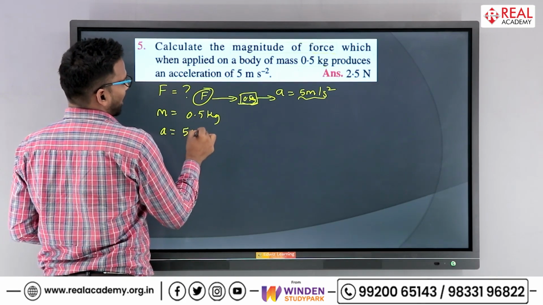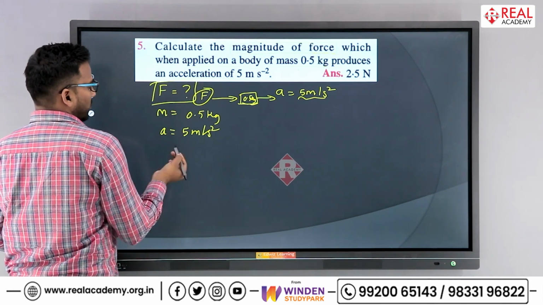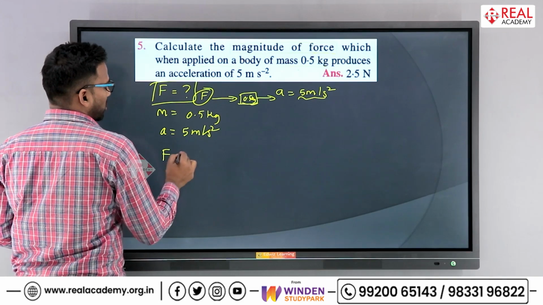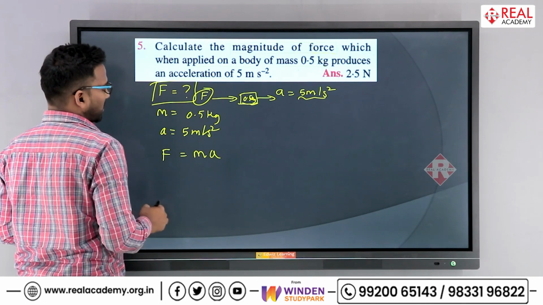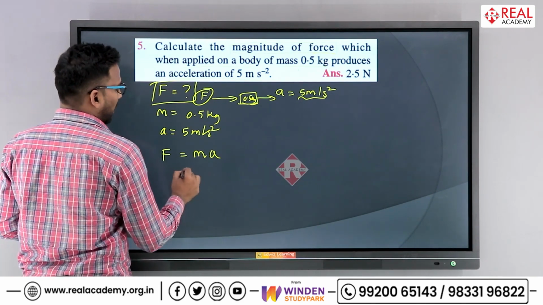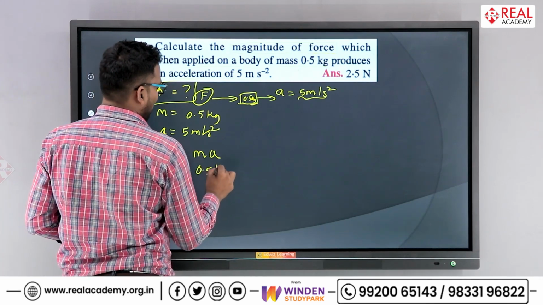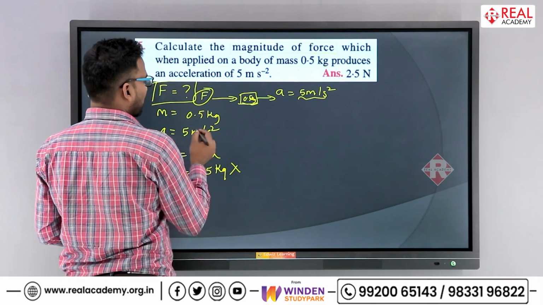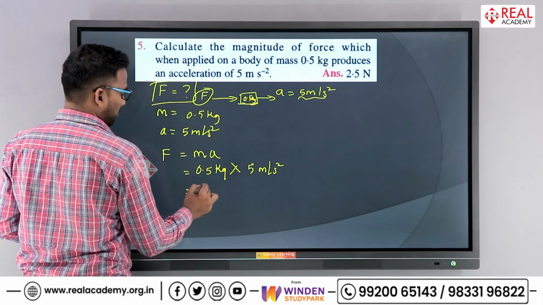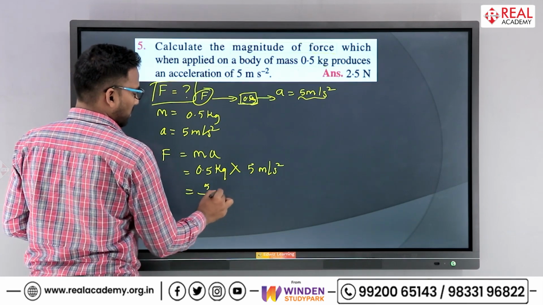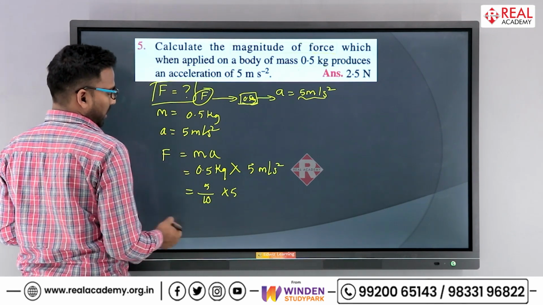Acceleration is 5 meter per second square. They are asking us to calculate the force. Then by the second law of motion, as we all know, F is equal to ma. What is mass? 0.5 kg into acceleration 5 meter per second square. This is 5 by 10 into 5. Right? So how much will it be?